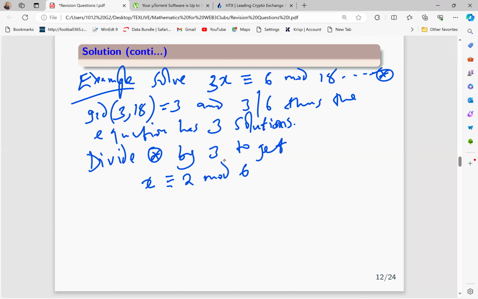The first solution is when i is 0, then when i is 1, then when i is 2. 2, 8, 14. So to check any of these against the original equation, there are 2.